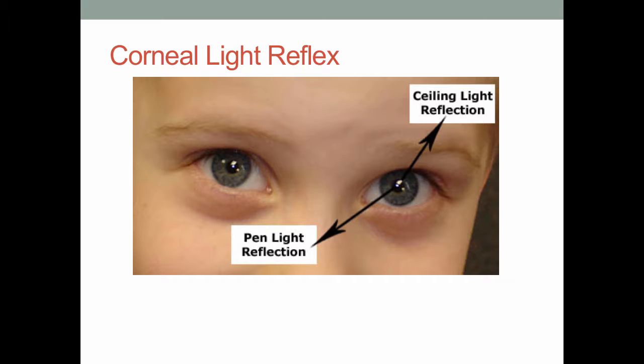And as you're shining that light into both pupils, you want to see that the light reflex is coming back at you at exactly the same place in both pupils. So on this particular slide, you can see both the ceiling light reflection in the same place in both pupils, as well as your pen light reflection, both places in both pupils. So this child has a symmetrical corneal light reflex.